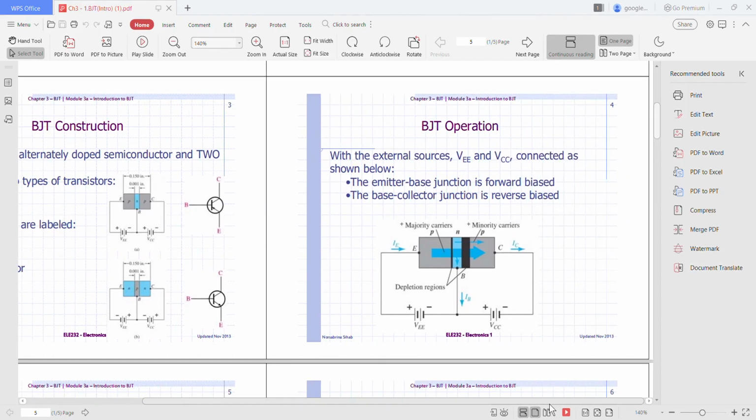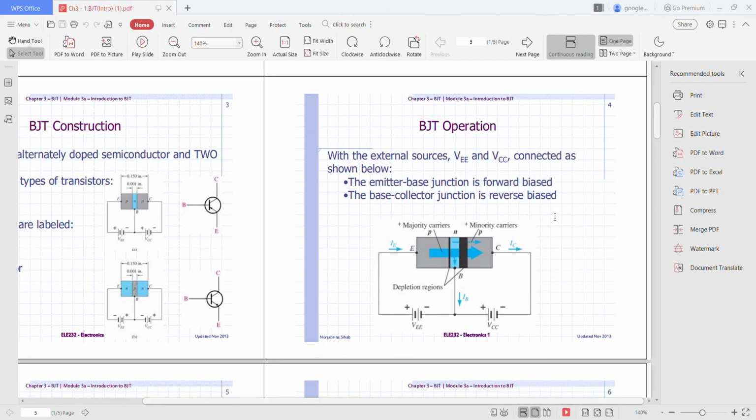Now we look at the BJT operation. With the external sources VEE and VCC connected as shown below, the emitter base junction is forward bias and the base collector junction is reverse bias.